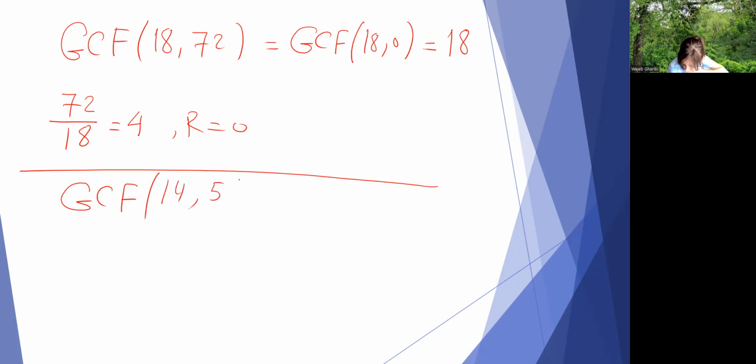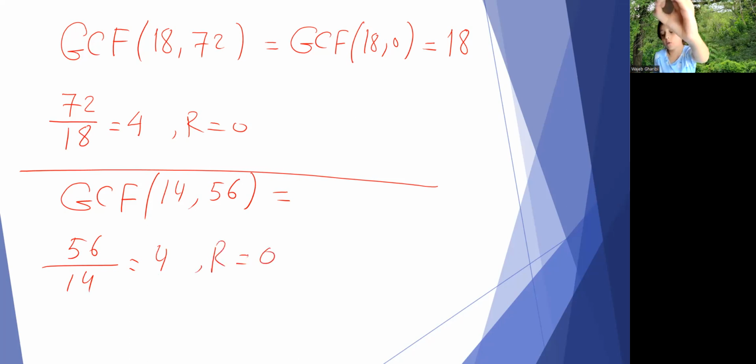What are we going to do, Maria? We divide 56 by 14. What is the result? 56 divided by 14 is 4, because 4 times 14 is 56. So what is the remainder? 0. So it is the same as the greatest common factor of 14 and 0. And what is the greatest common factor of 14 and 0? It is 14.